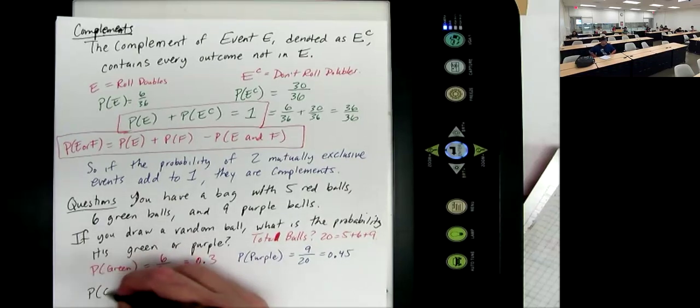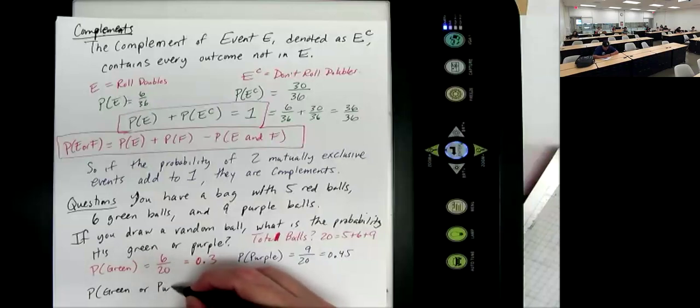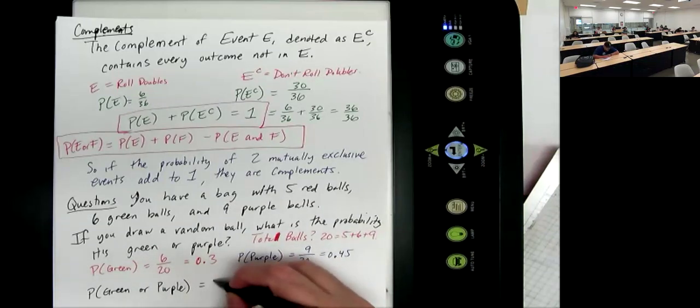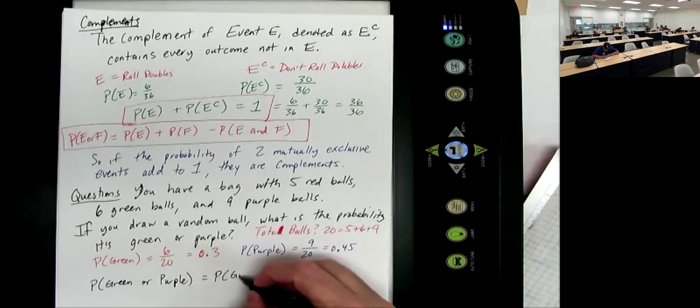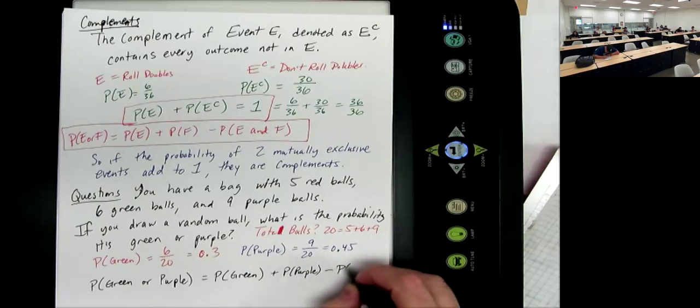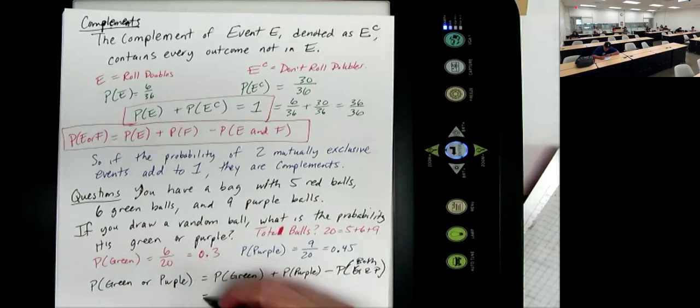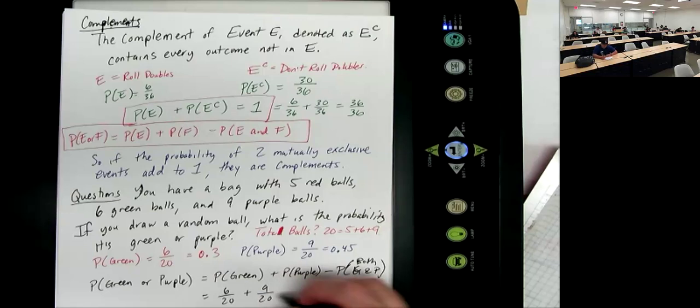So the probability of green or purple should be the probability of green plus the probability of purple minus the probability of both green and purple. I'll say G and P, cause I didn't give myself a lot of room. This was 6/20 plus 9/20.